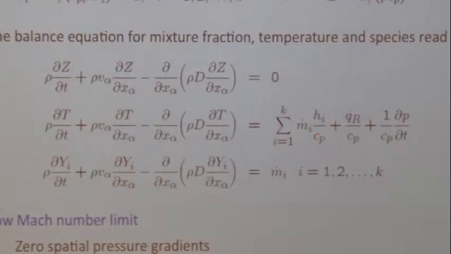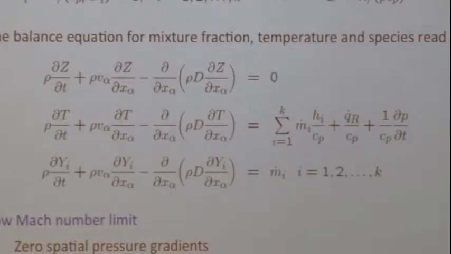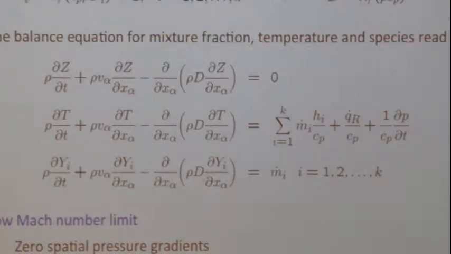Then on the right-hand side here, you have a chemical source term for the temperature and also for the species. And then for the temperature, there are two more terms which you might as well forget for this purpose. One is a radiative heat loss term, this one here. And the second one is just a term that gives you the change of energy for compression, so the compression work term.